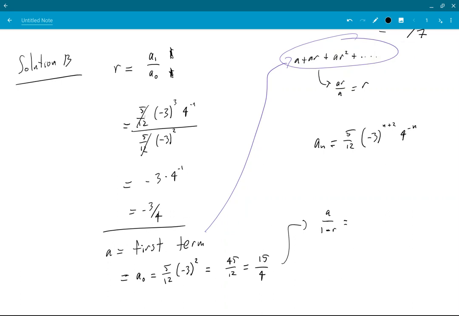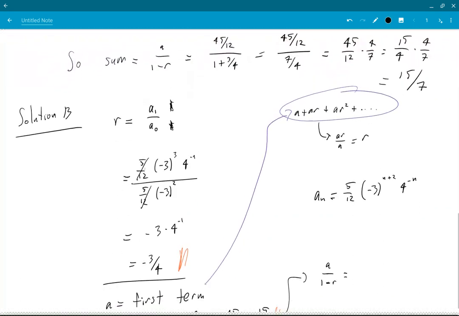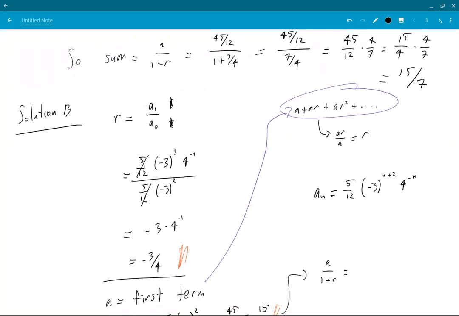So I can quickly find r, and I can quickly find a, and I can just plug them into my a over 1 minus r formula, and you have the same calculation as above, 45 over 12 over 1 plus 3 over 4, which, as above, is 15 over 7.